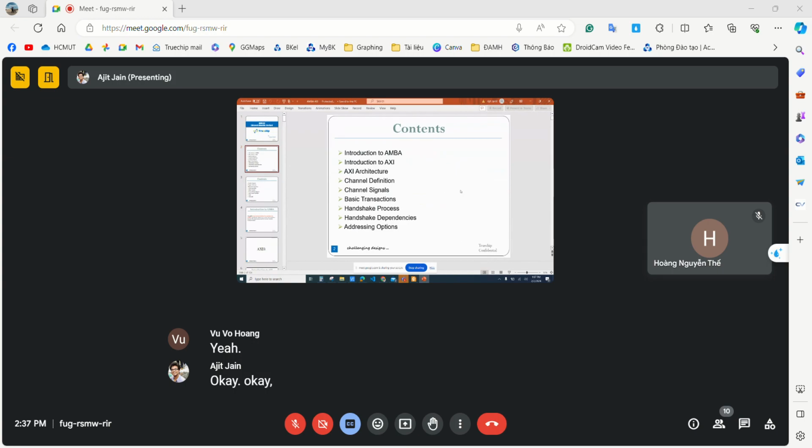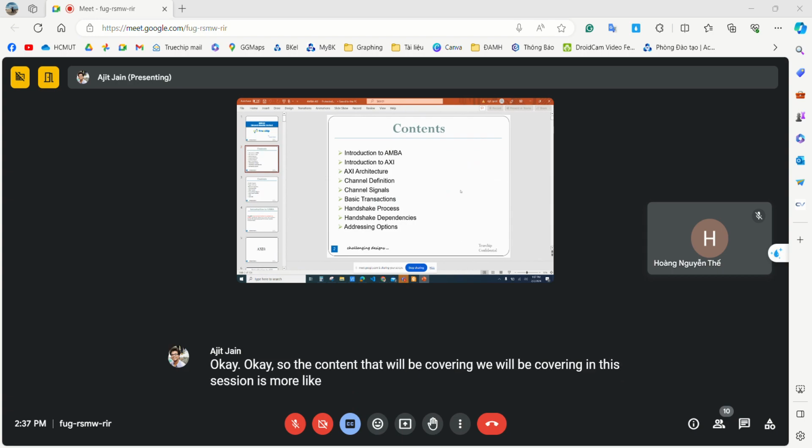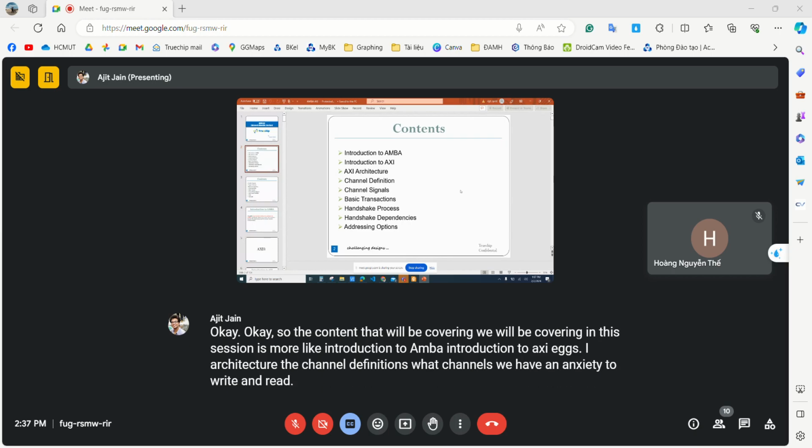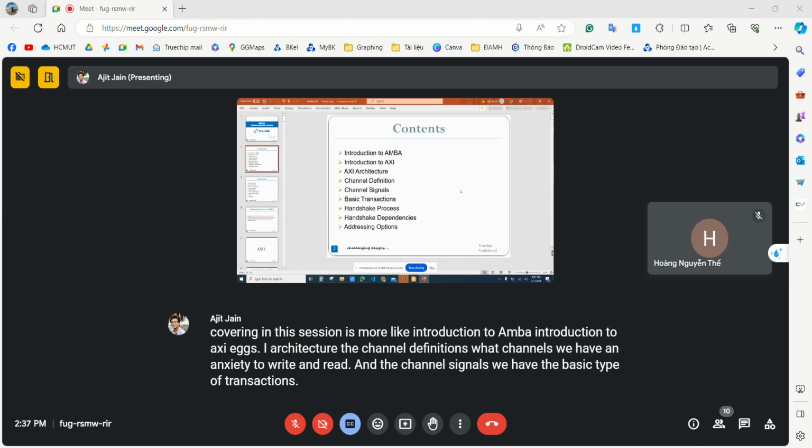Okay, so the content that we will be covering in this session is an introduction to AMBA, an introduction to AXI architecture, the channel definitions, what channels we have in AXI to write and read, and the channel signals, the basic types of transactions, and the handshaking process.